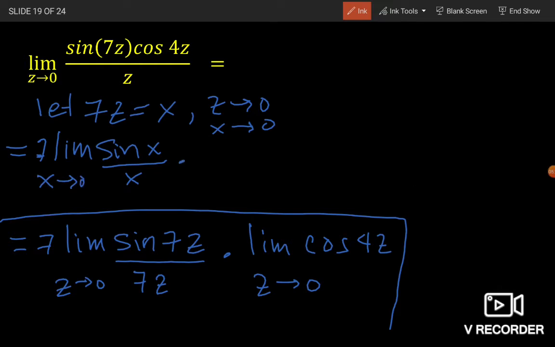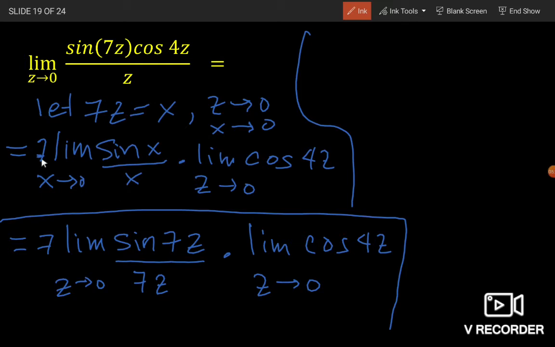Multiplied by the limit of cosine of 4z as z approaches 0. Now remember or recall that the limit of sine x over x as x approaches 0 is equal to 1.